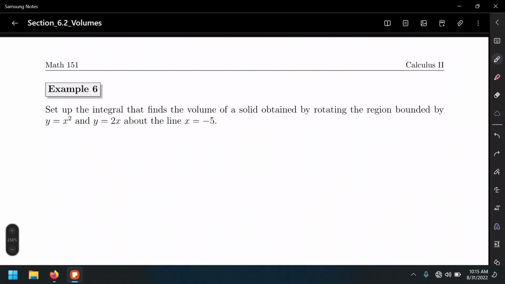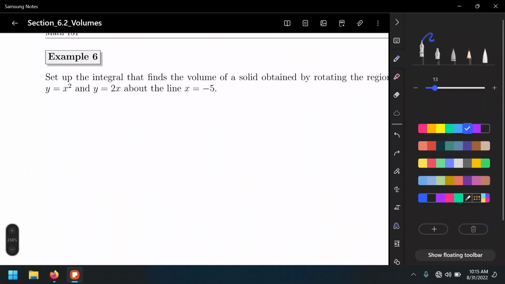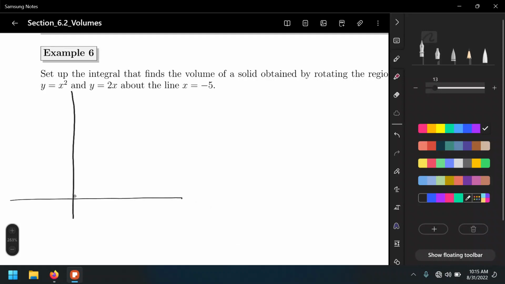All right. So same region for example number 6. So how about we just plot it? First of all, let's plot it. Y equals 2x, the diagonal, and the curve, the parabola.